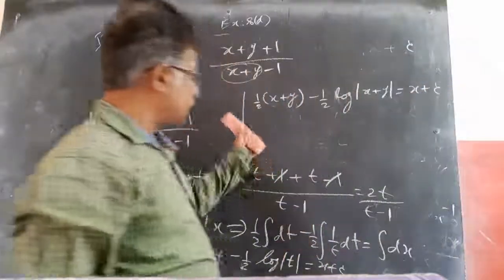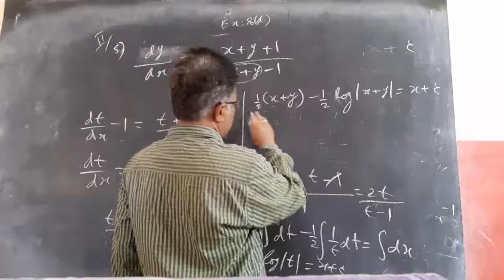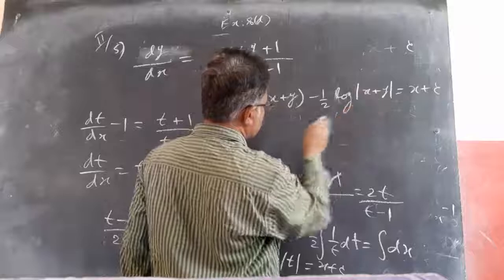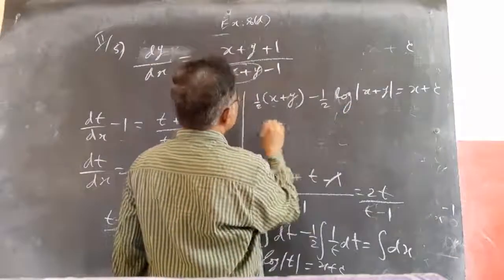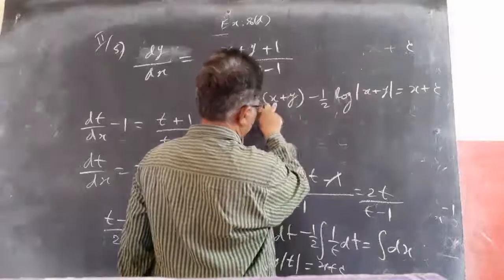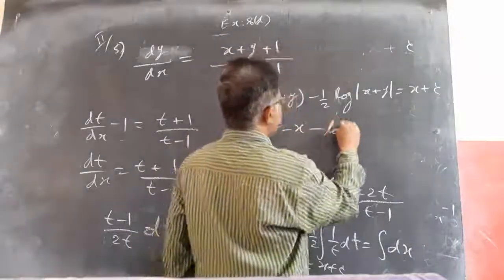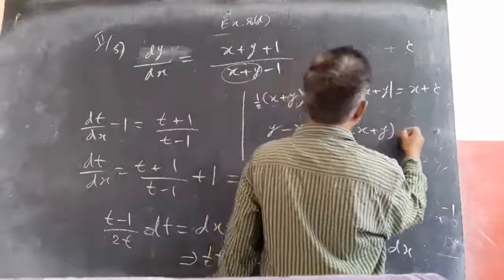If you want, you can take LCM and bring that x to this side, then it becomes x minus 2x is minus x. Your choice of doing. I will bring that x to this side, becomes y minus x minus log of (x plus y) equal to c.